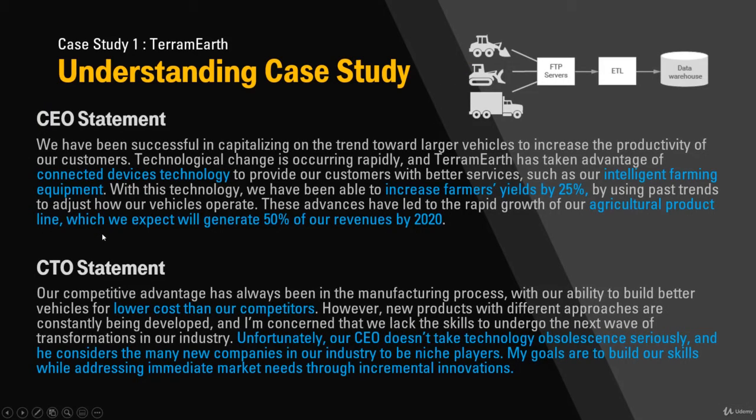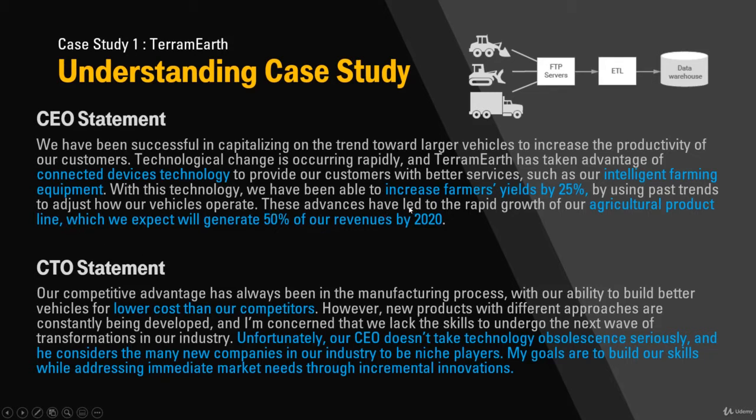Some of the statements that we have, the CEO statement: we have been successful capitalizing on the trend towards larger vehicles to increase the productivity of our customers. Technological changes are occurring rapidly. TerramEarth has taken advantage of connected device technology to provide customers with better services such as intelligent farming equipment. With this technology, we have been able to increase the farmer's yield by 25% by using past trends to adjust how the vehicle operates.